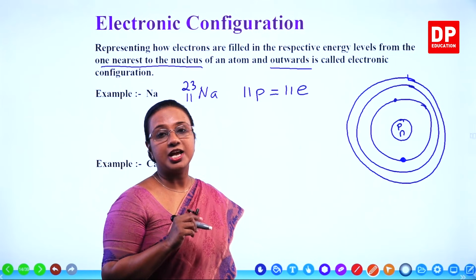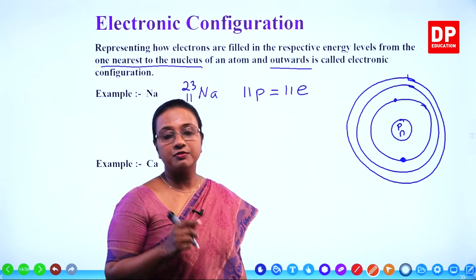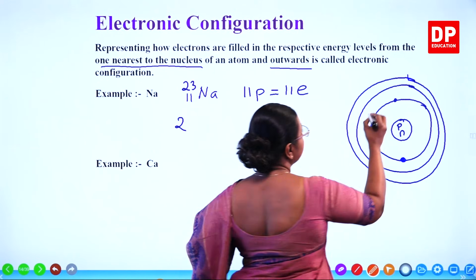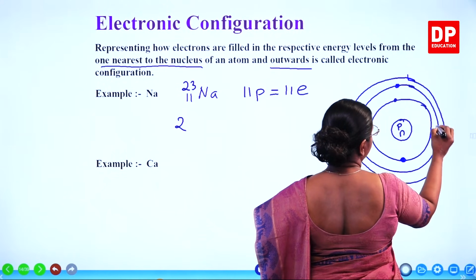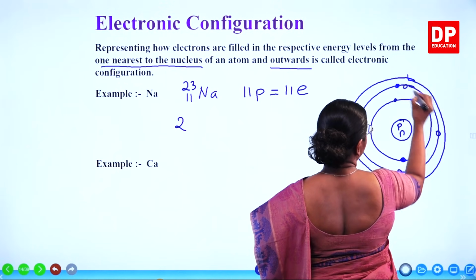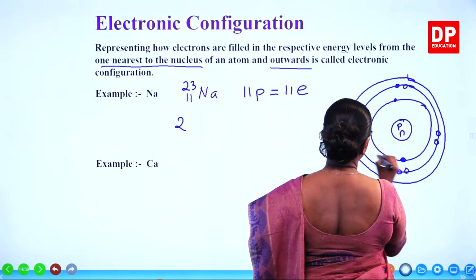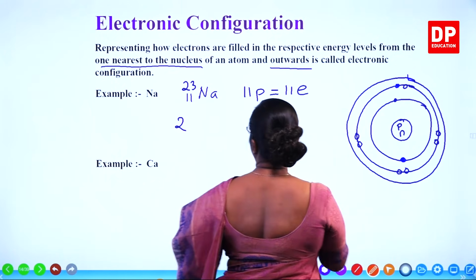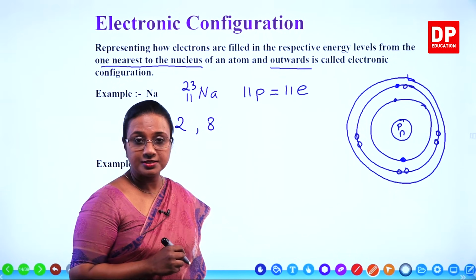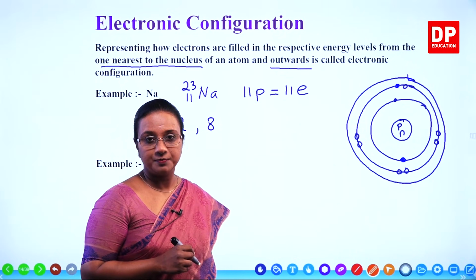And the second shell can have a maximum of 8 electrons. So then I can fill up 8 electrons here. 1, 2, 3, 4, 5, 6, 7, 8. So I have added 8 electrons to the second energy level.